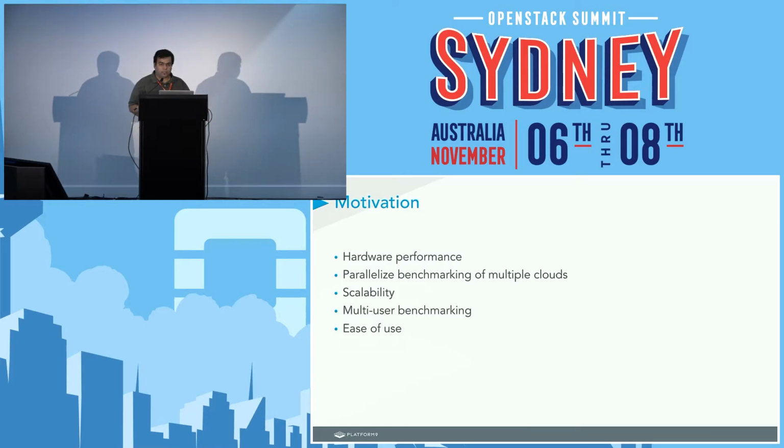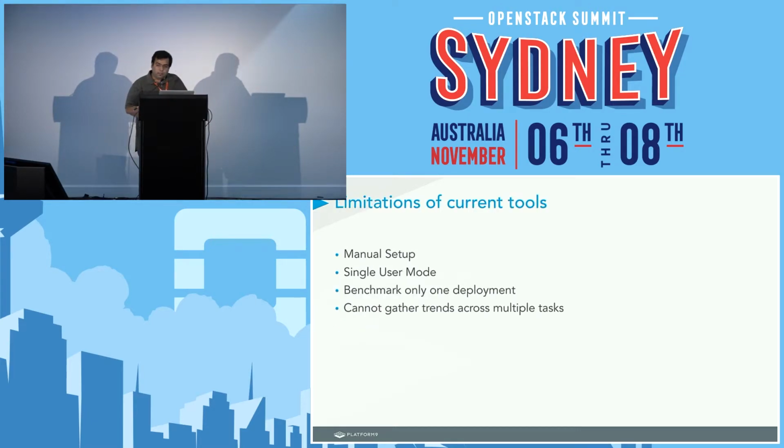Also, it's not that user-friendly to use if you are not really an OpenStack developer. You have to create virtual environment, you have to create the project, and then you can actually start the test. This is the same case with OpenStack Shaker, where you have to do it on the CLI. There is really no multi-user mode. And you can only benchmark one cloud at a time.